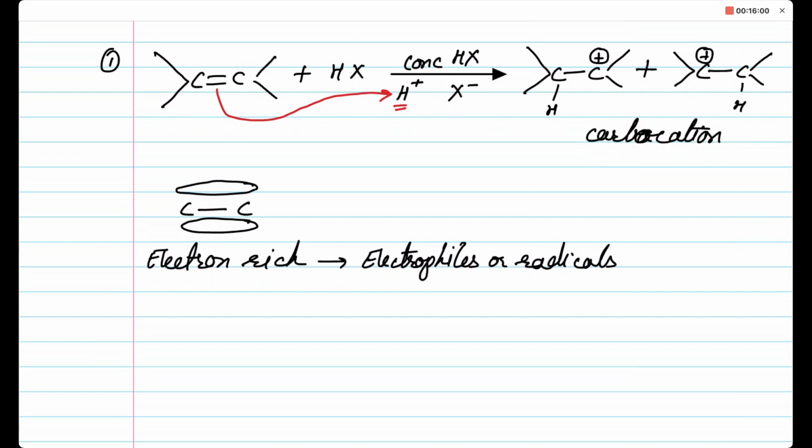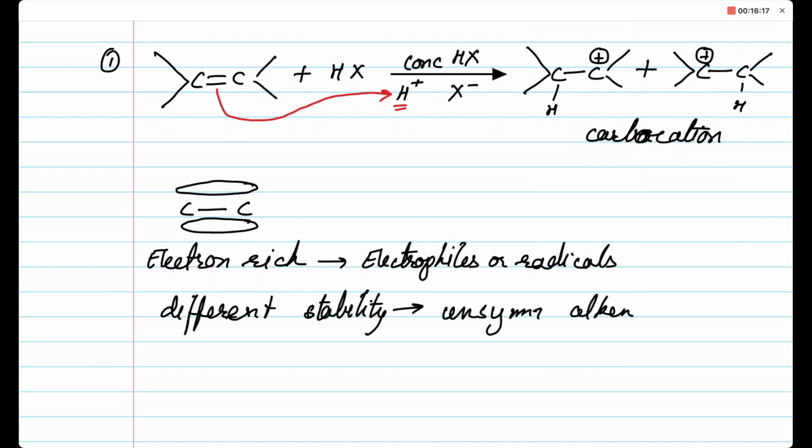So the carbocations are going to have different stability in the case of an unsymmetric alkene. Now, what we need to do is, when we have an alkene which would give us different carbocations, we have to find out the relative stability of the carbocations.